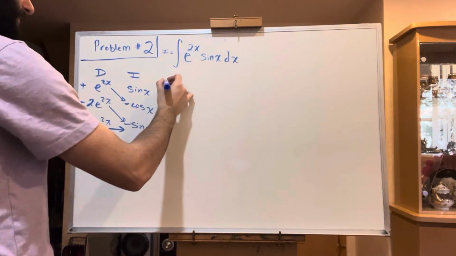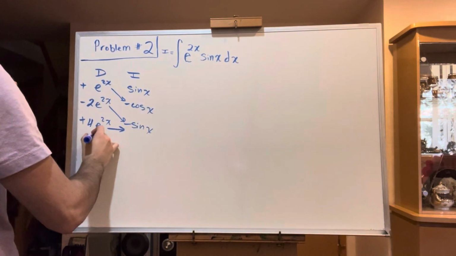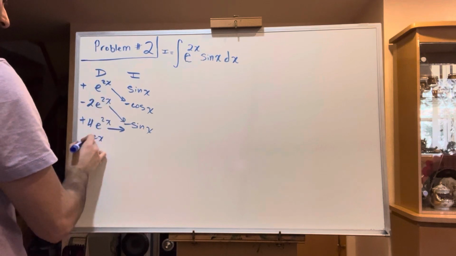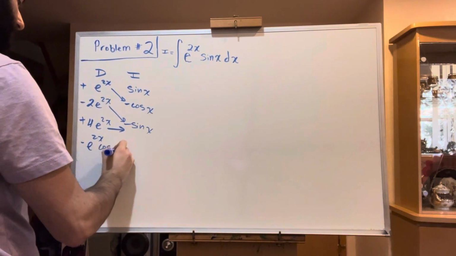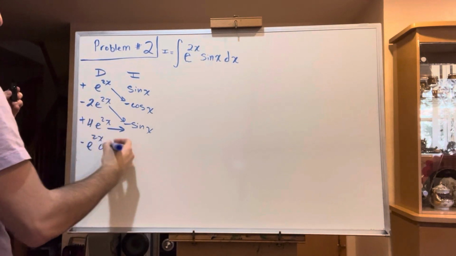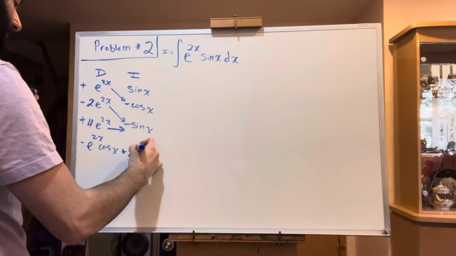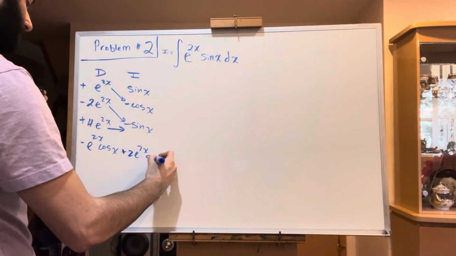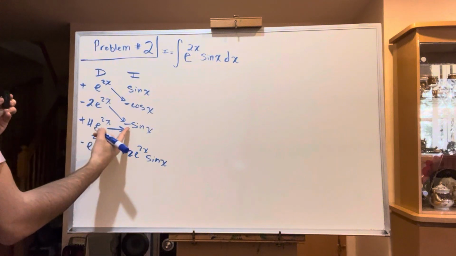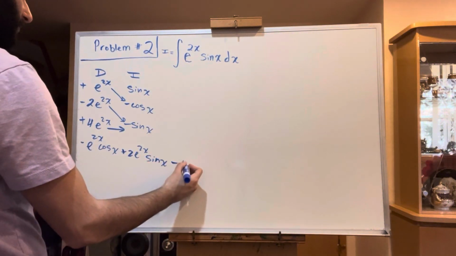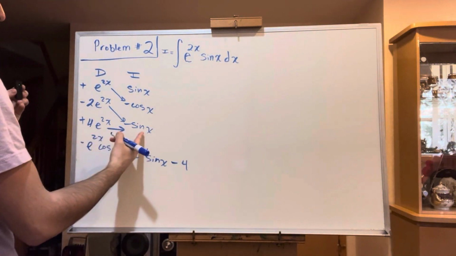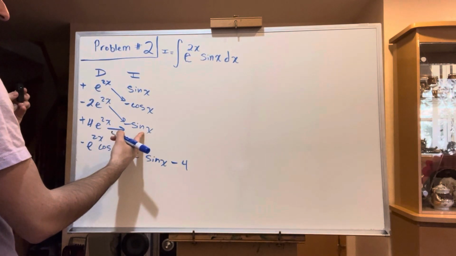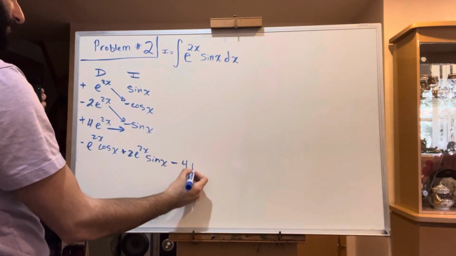So what do we get? We get e to the 2x, that's a minus e to the 2x cosine x. Minus minus makes a plus 2 e to the 2x sine x. And then we get a minus 4 times the integral of e to the 2x sine x.